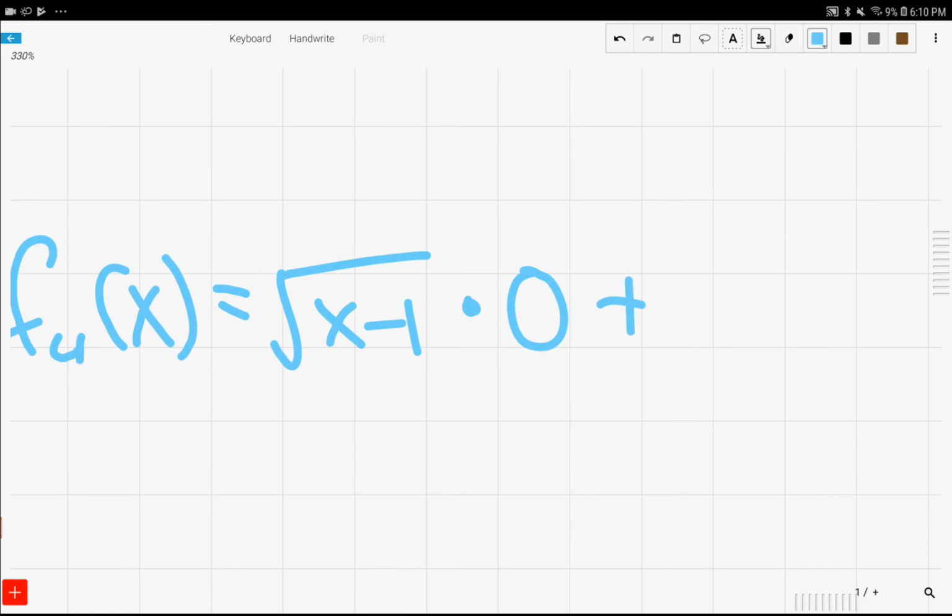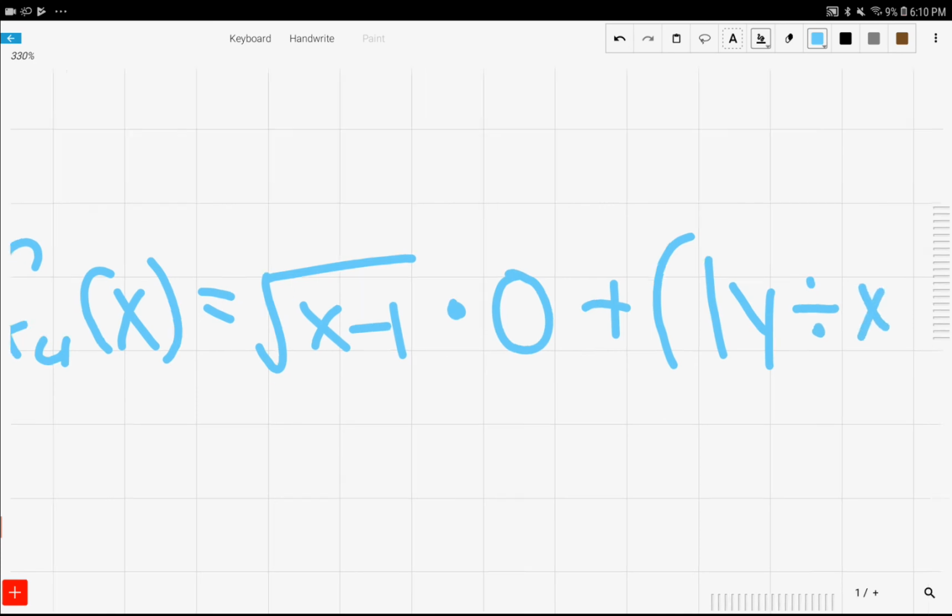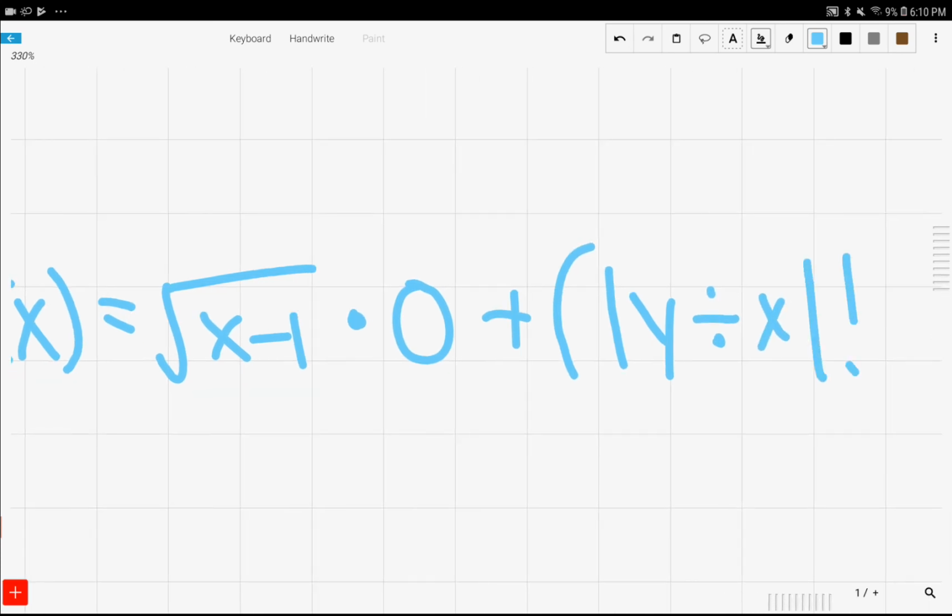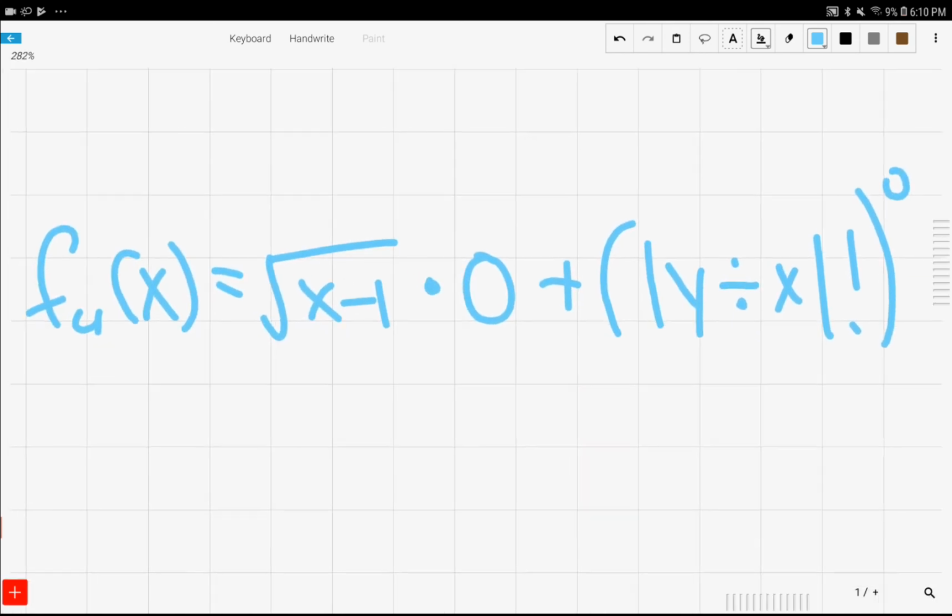Plus the absolute value of y divided by x. And again, we have that factorial to the 0 power. And this function simply checks if x is a positive factor of y, because if x is negative, then it would not technically qualify as a factor of y.